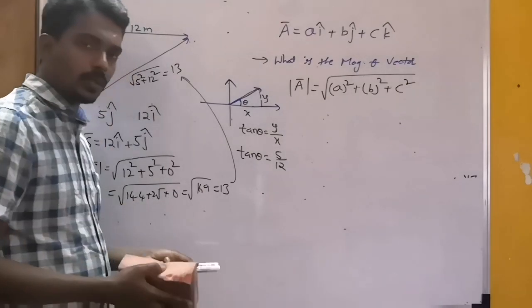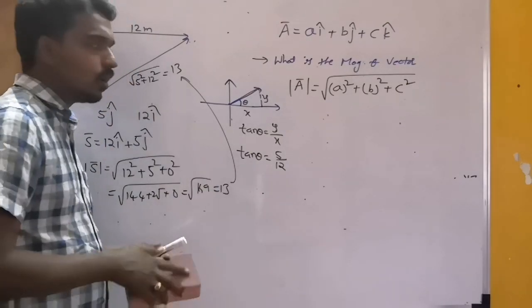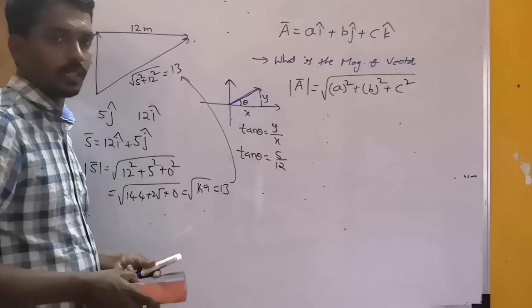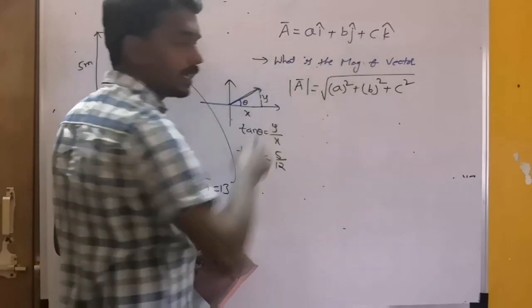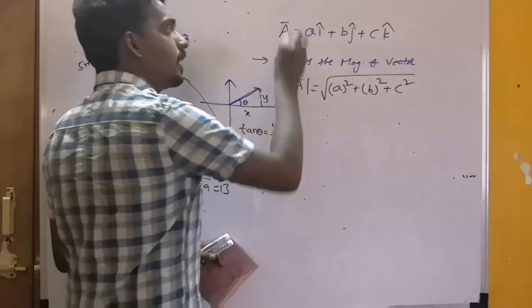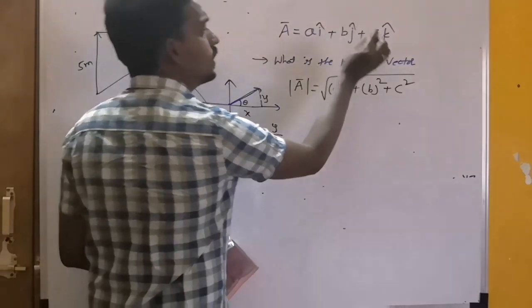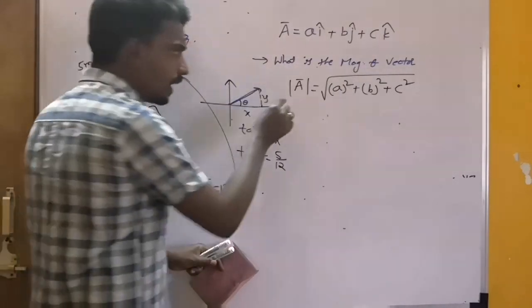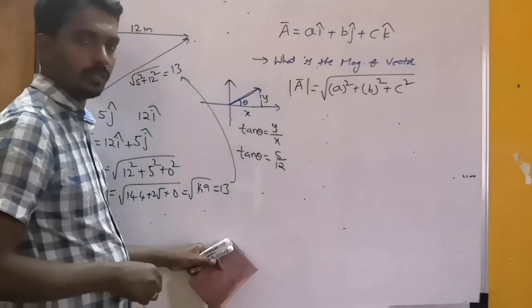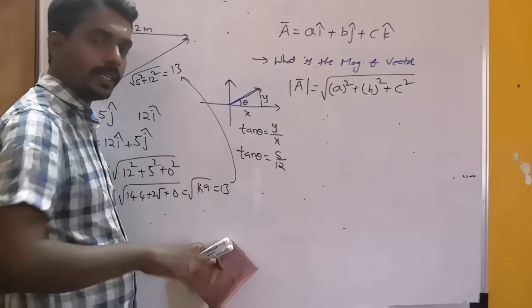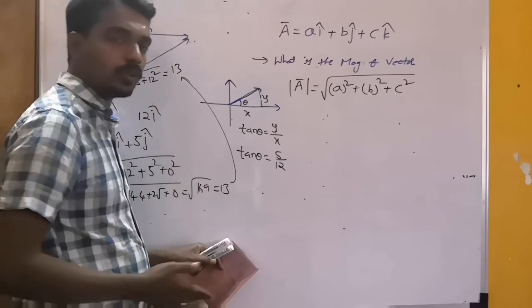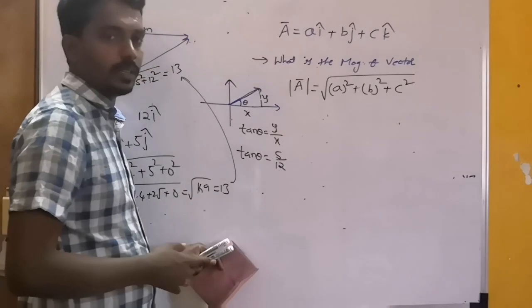They will give the magnitude and they will ask you what are the components of the vector. Here they have given vector representation, meaning they have given x component, y component, z component. Then you can find the magnitude. But sometimes they will give the magnitude and they will ask you to find the components.